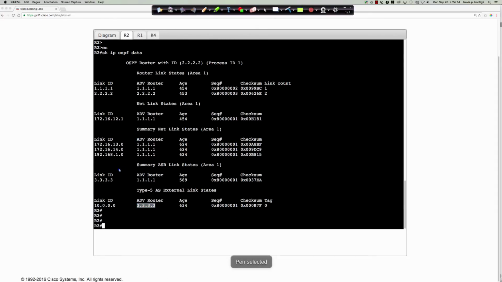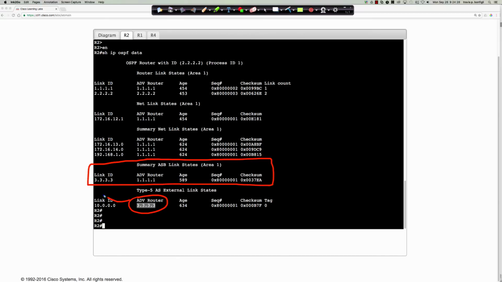How is that possible for router 2? Well, it's very simple. He looks at the Type 4 summary ASB link state. And he says, I need to get to 3.3.3.3. There is the link ID information, which tells me, hey, go to 1.1.1.1. It's like following street signs, right? How do I get to the 3? Oh, that's right. Here's the link ID. Get over here to router 1. And there we go.